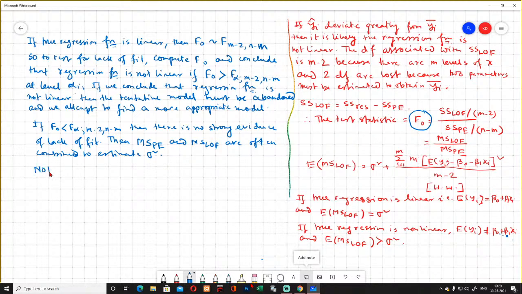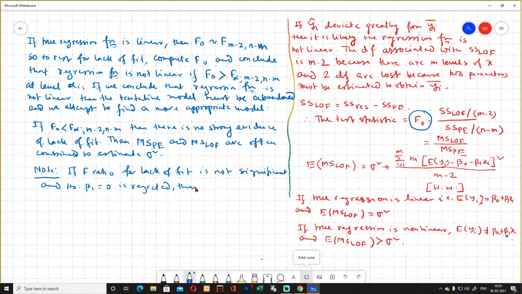Note that if the F ratio for lack of fit is not significant, and H naught beta 1 equal to 0 is rejected, then this does not guarantee that the model will be satisfactory for prediction.